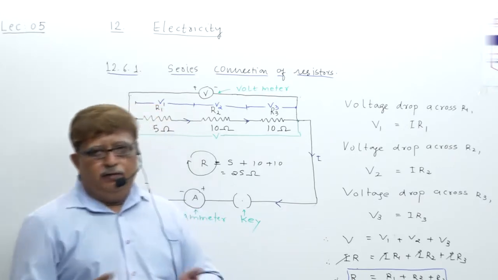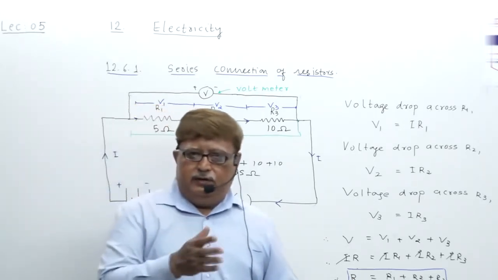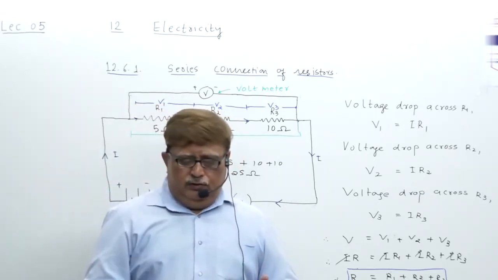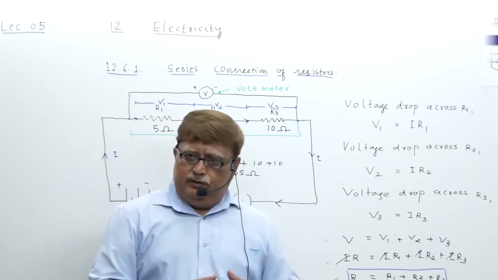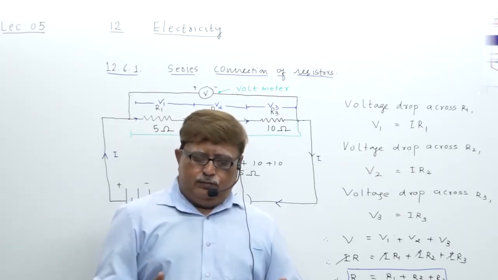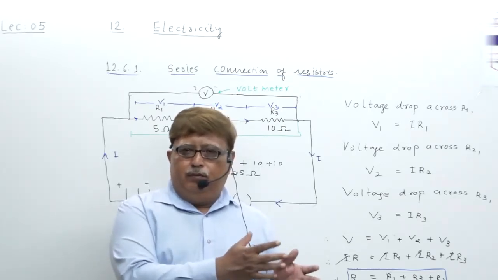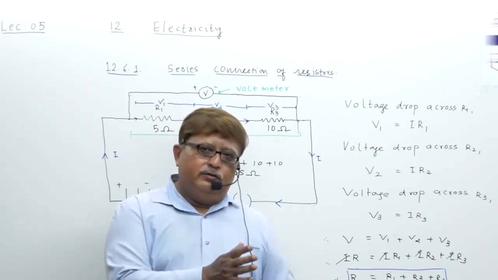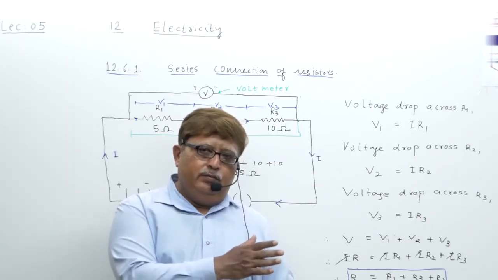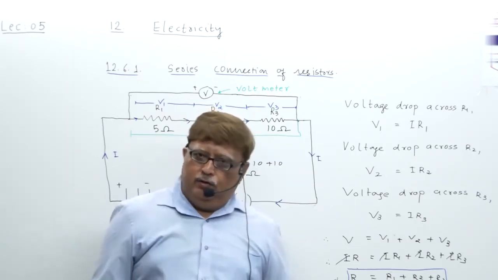Suppose I have 5 resistors each of 10, 10, 10, 10, 10 ohm. What is the total resistance of the circuit? R equal to R1 plus R2 plus R3 plus R4 plus R5. 10 plus 10 plus 10 plus 10 plus 10, 50 ohm.